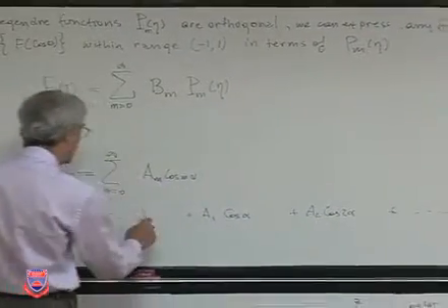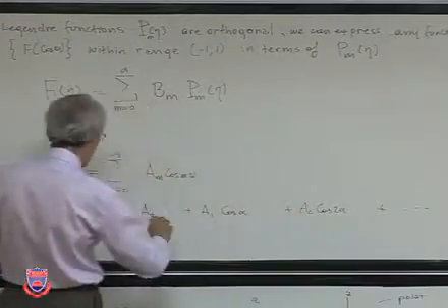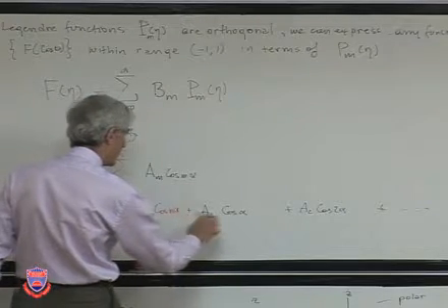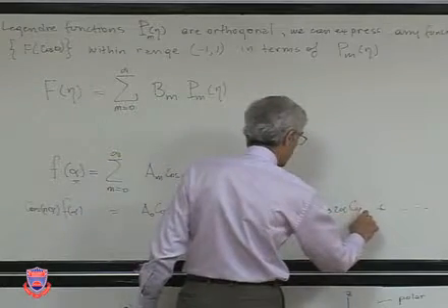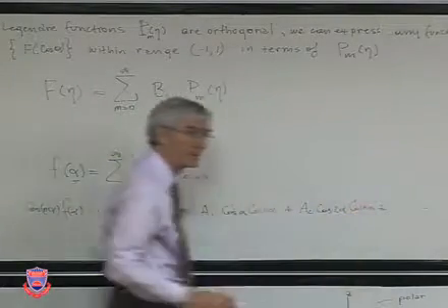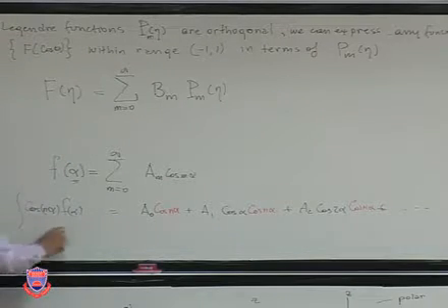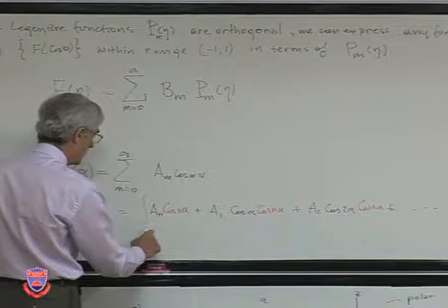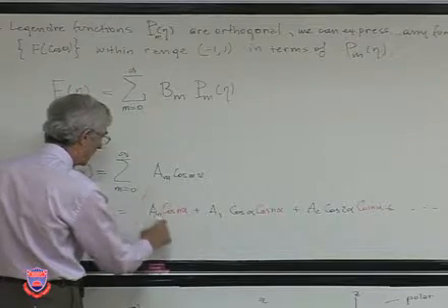If I multiply both sides, I will write this in red for a moment, then this will be cosine n alpha, cosine n alpha, cosine n alpha, and so on. And then integrate them over a limit, alpha maybe minus pi to pi, okay?